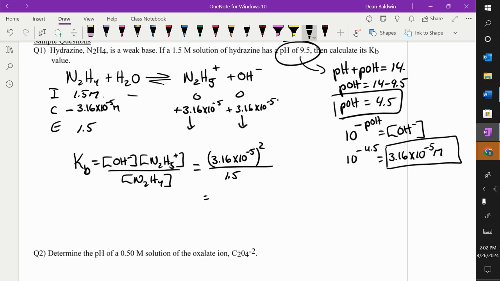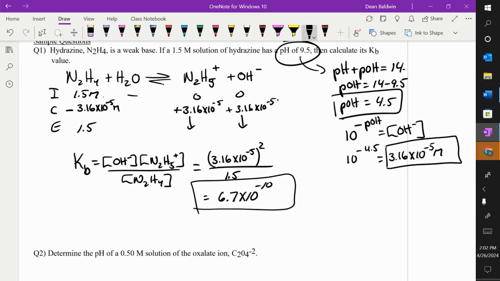And then you hit a bunch of numbers on your calculator and you should get 6.7 times 10 to the minus 10-ish. Do we agree with that? That's essentially your lab question, except for the base, like what we did at the beginning of class today.